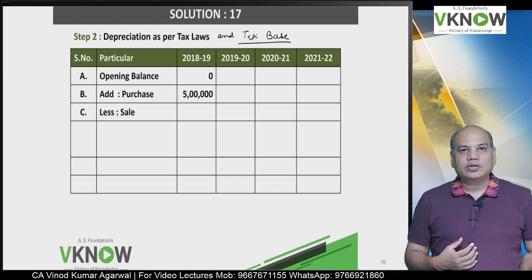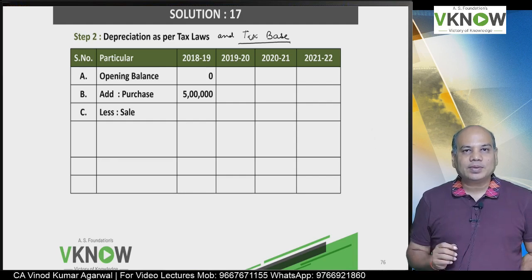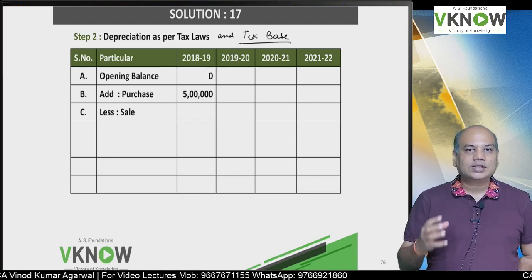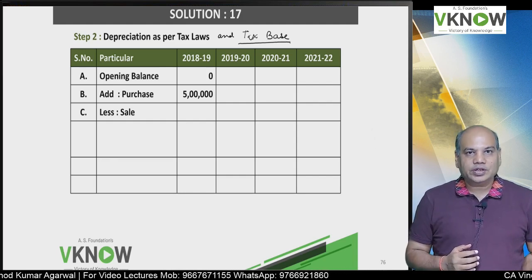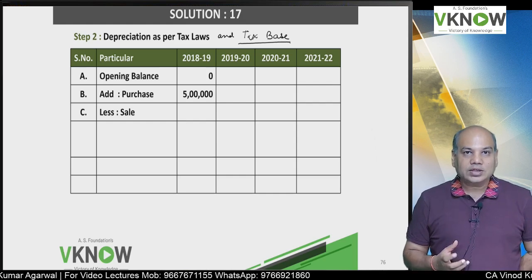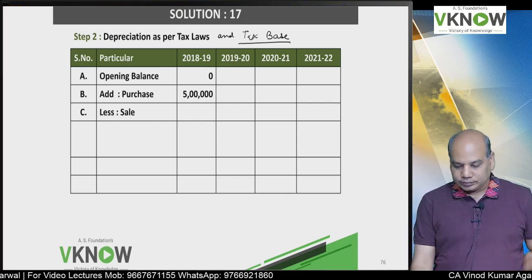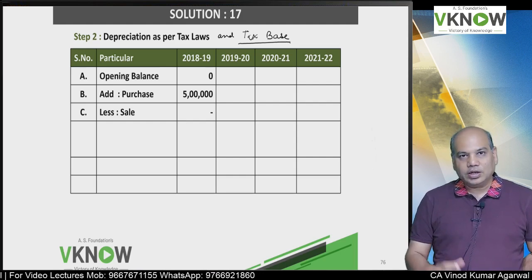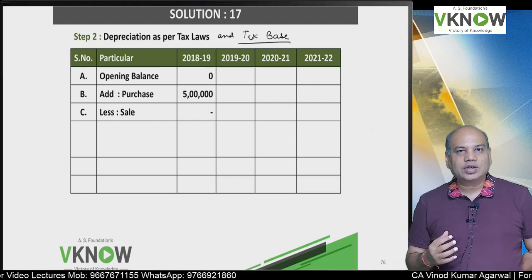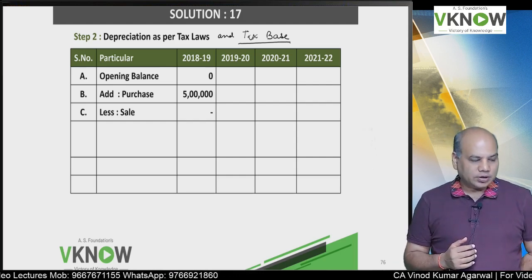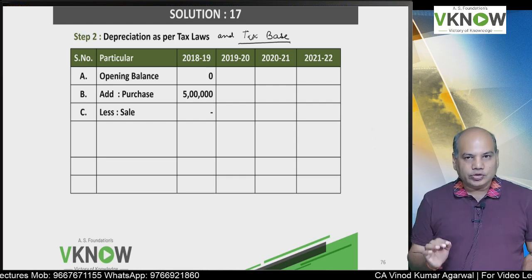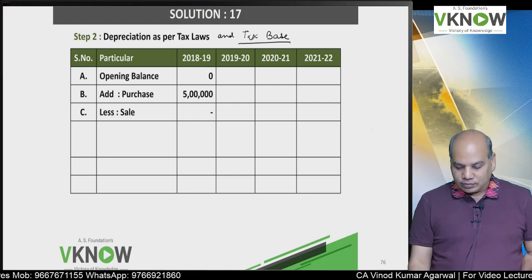Under the income tax law, block of asset method is followed. Entire sale value is deducted from the block of asset, and then you will get the balance amount on which you have to provide depreciation. Fortunately, in this question sale is not there.